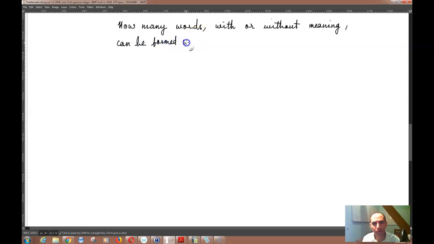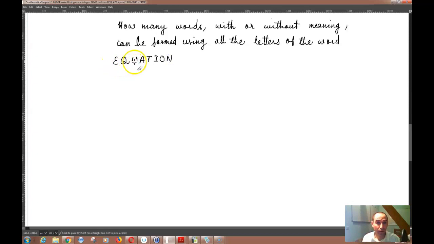So you want to know how many words with or without meaning can be formed using all the letters of the word EQUATION, using each letter exactly once.